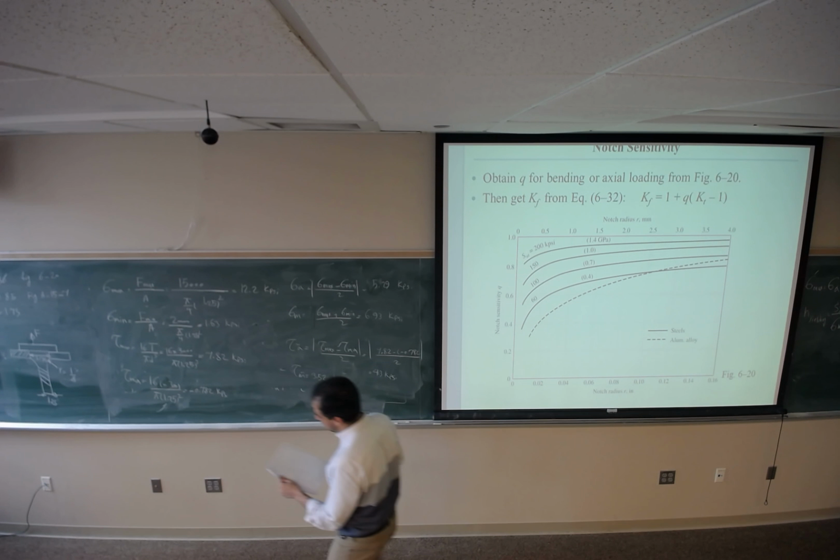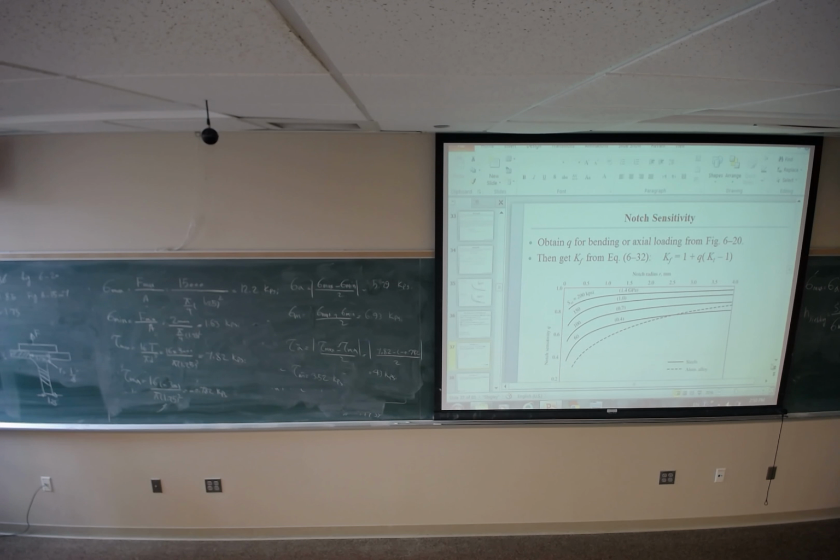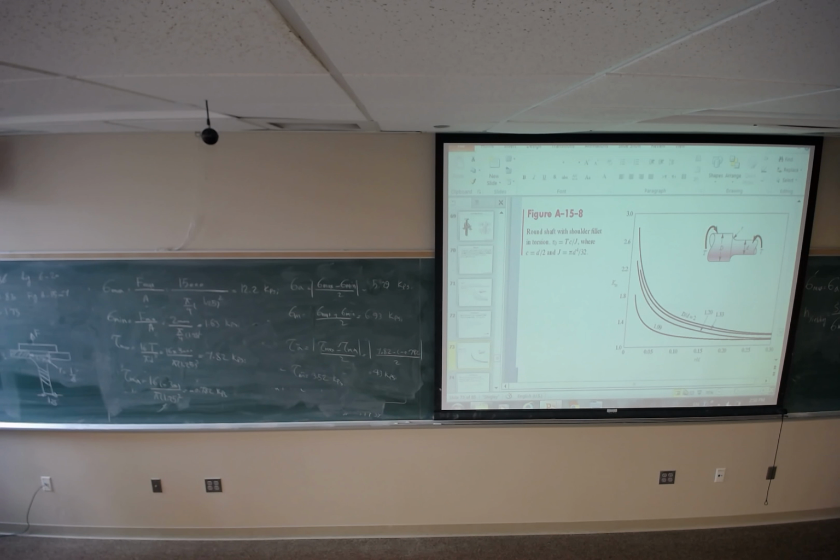If I plug in the numbers there, I will find Kf. For Kfs, I need to find Kts. Like over here, there's no actual q.